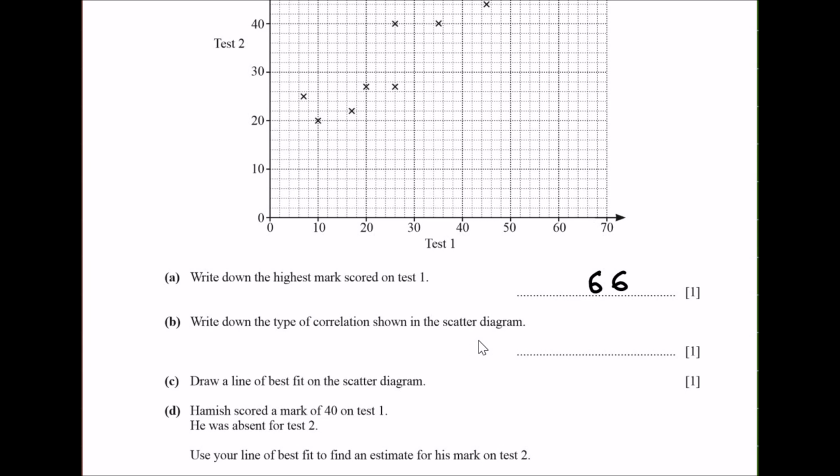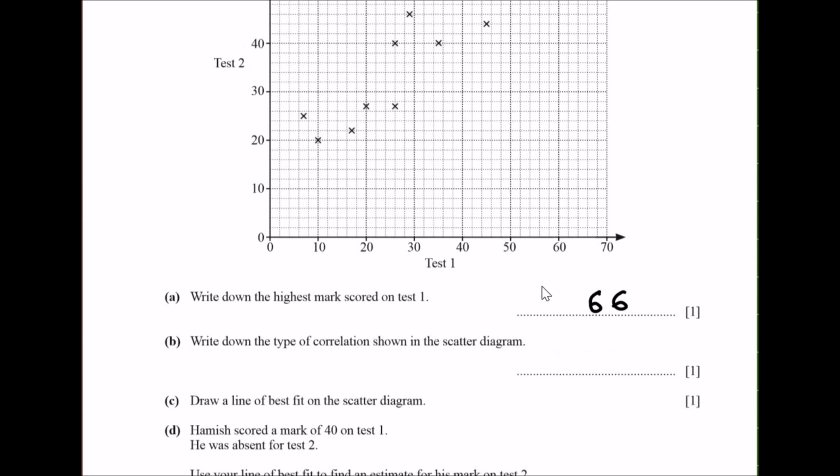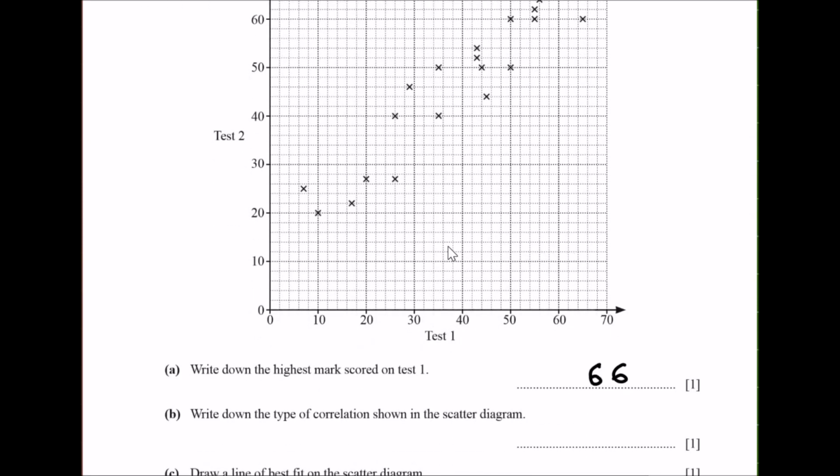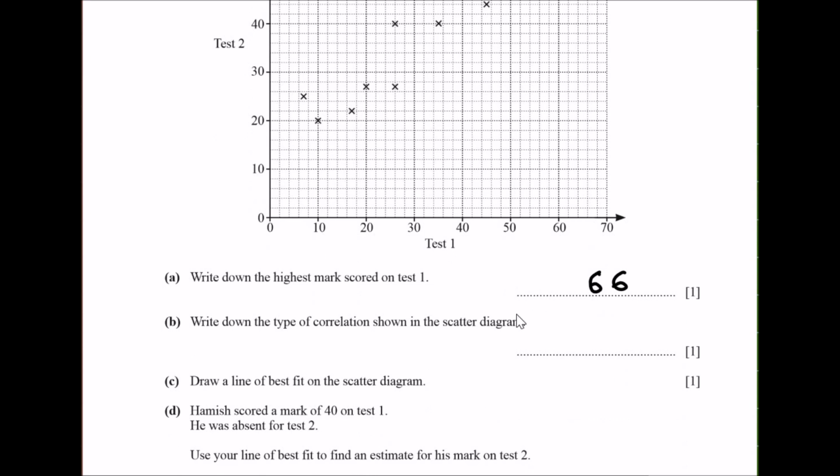Write down the type of correlation shown in the scatter diagram. So if you see the pattern of the scattered points, it is going upward from left to right. That means it is a positive correlation.